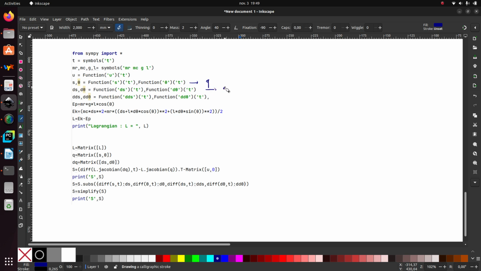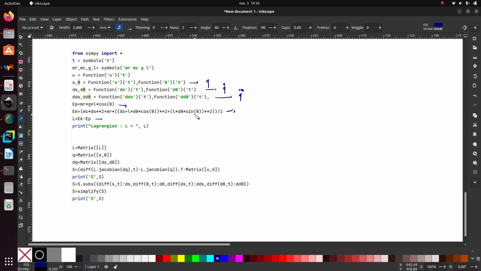Here it corresponds to q dot, and this one corresponds to q dot dot. Okay, so I create here my Lagrangian. So first the potential energy, here the kinetic energy as explained previously, and I create here my Lagrangian.